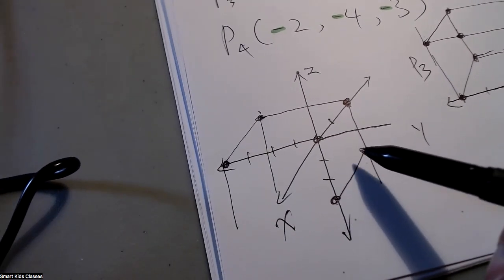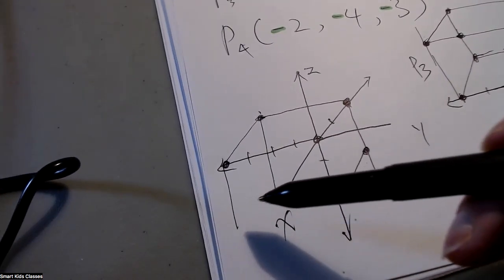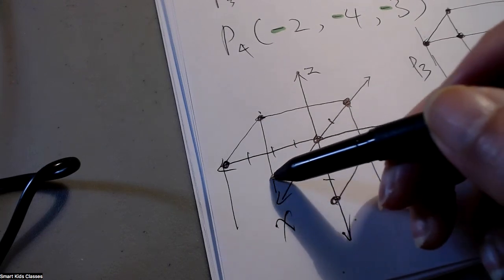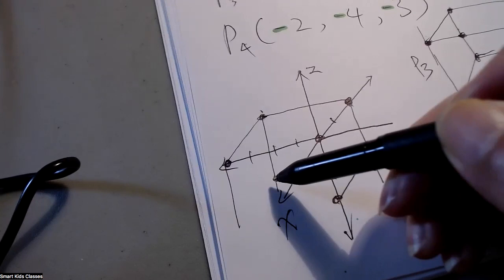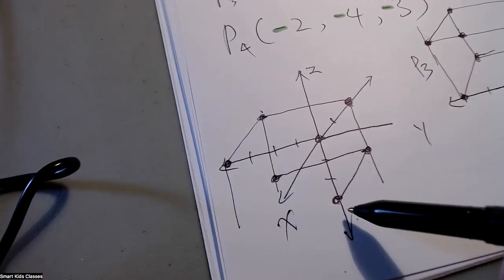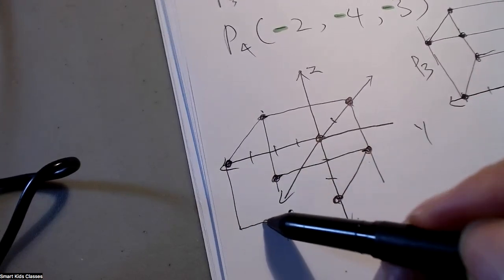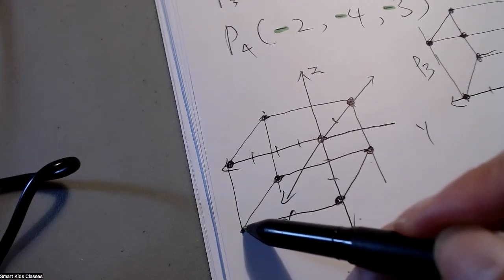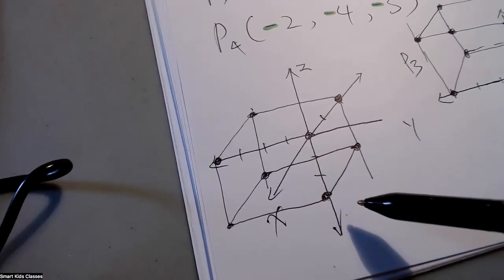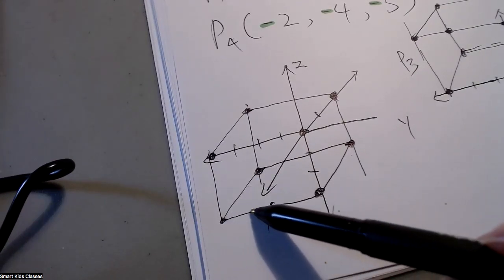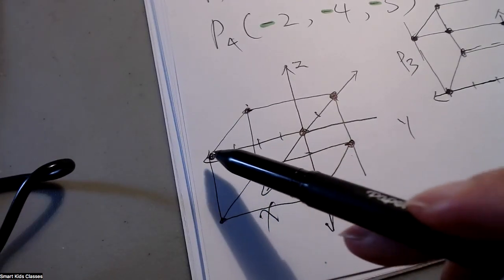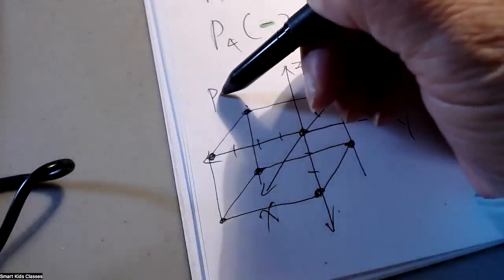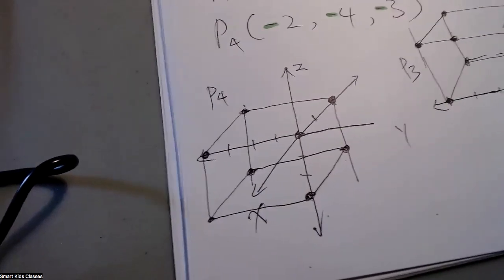Now here, this line has 2 vertices connected to the left. The first one we connect is here, so we have a point here. The second one we connect is here, and these vertices connect here. You see, we create a parallelogram at the bottom and one at the top. And this is P4.